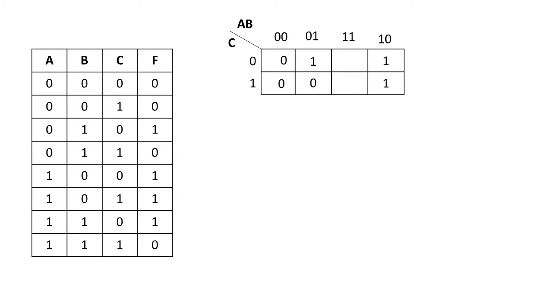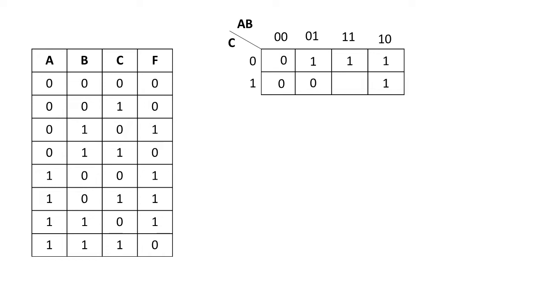Now observe the second last row, 110. AB is 11 and C equals 0, and the function value is 1. Where should we put it? AB is 11 and C equals 0, and the function value 1 has to be put in that position.